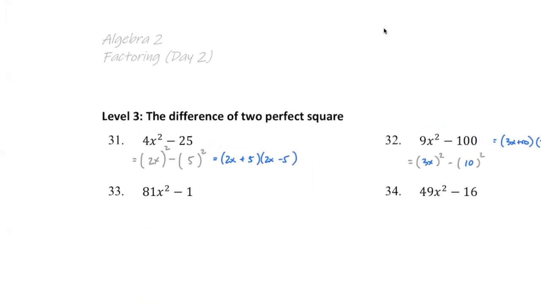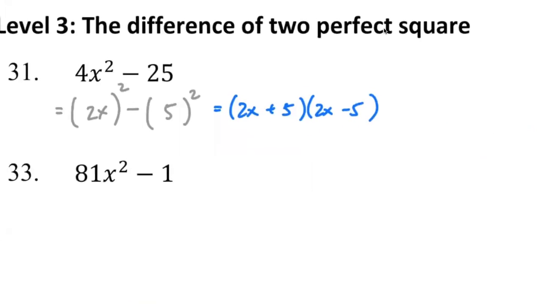Now let's see if we can skip the writing part and the breaking down part and go straight to the factors. So what would be the a term? The a term would be 9x, and the b term will be just 1, so 9x plus 1 and 9x minus 1.